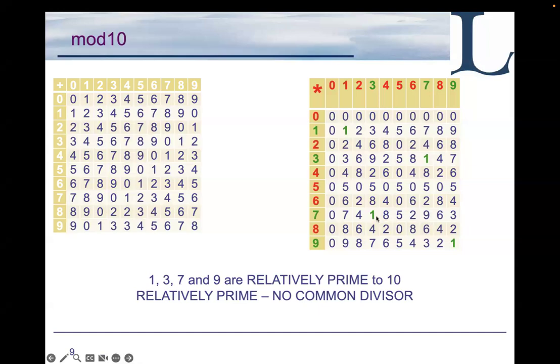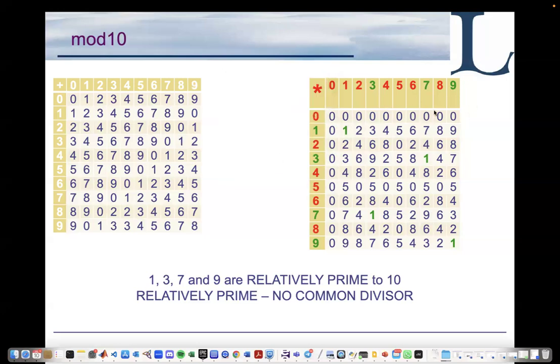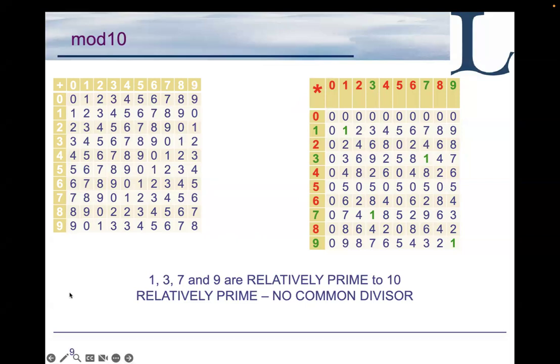So there is an inverse operation: you can take this result, divide by 7, and get 3. Basically 3 and 7 are so-called multiplicative inverses of each other. This is one of the main properties used in the algorithm.